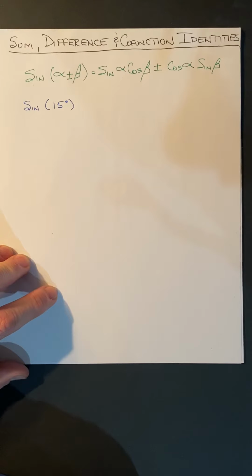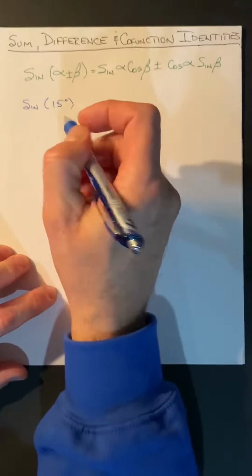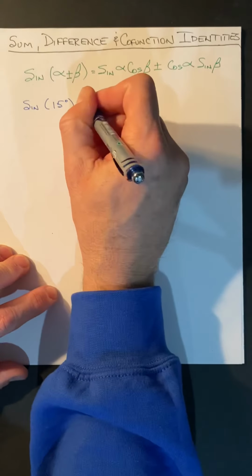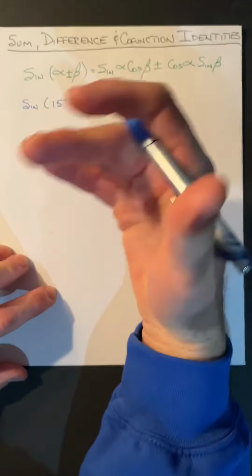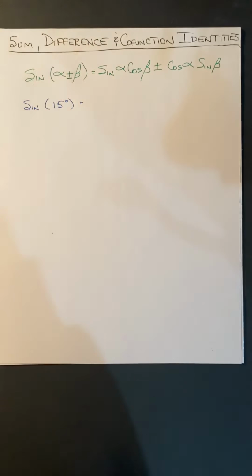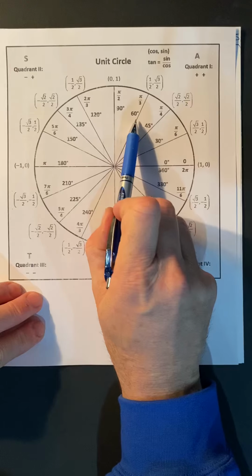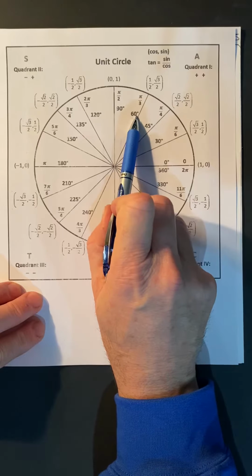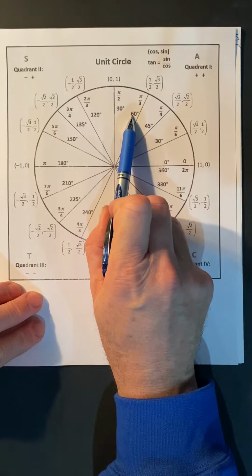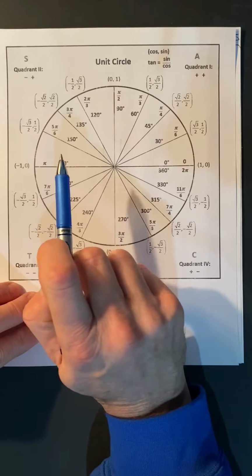Now, I could do some converting and all that, but it's really easy to look at this in terms of, well, what is 15 degrees? Isn't that, if I'm thinking about the unit circle, let's look at that real quick. Look how there's a difference of 15 degrees between 60 and 45 degrees, okay?